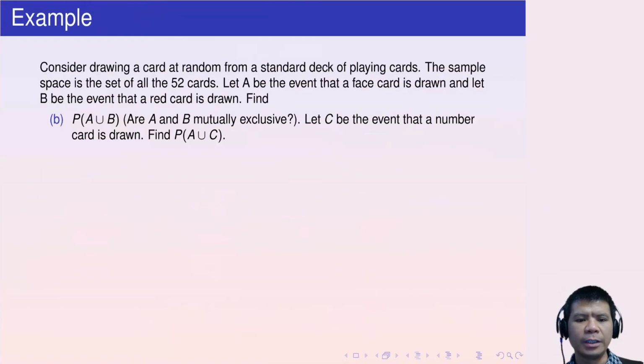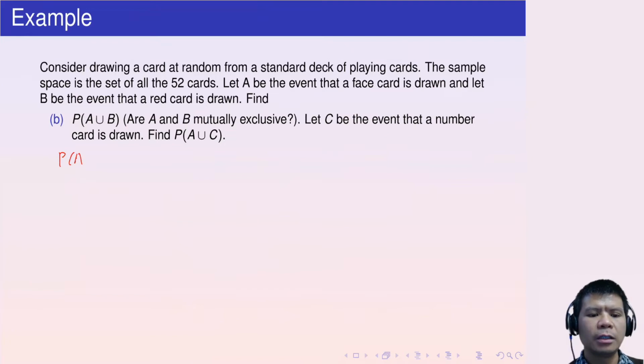Now let's consider this example again. Let's see what is the probability of A union B. As we know, by the addition rule, it should equal the probability of A plus probability of B, right?